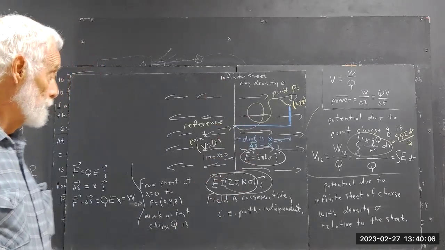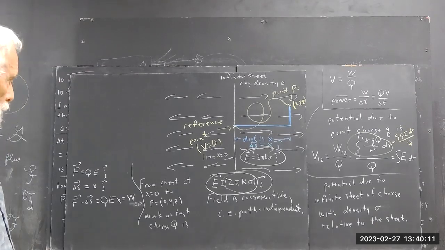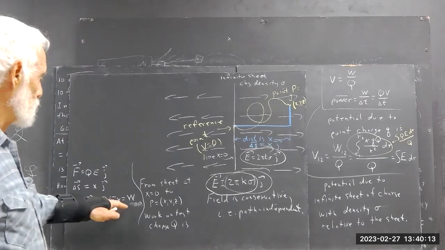Why do I say it's the work from here to P?